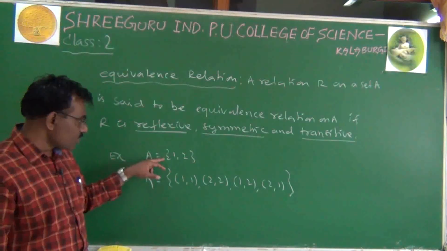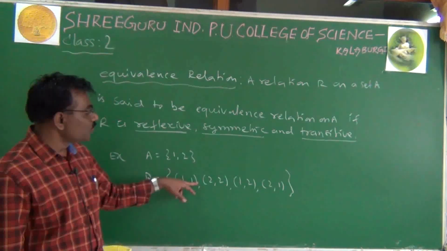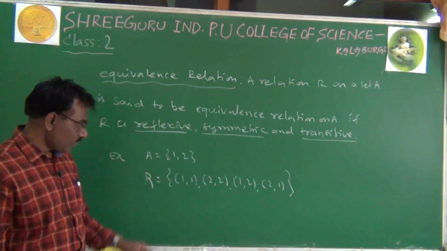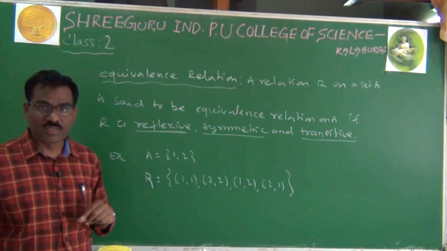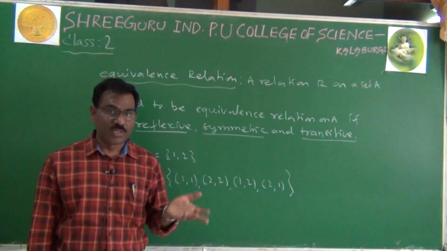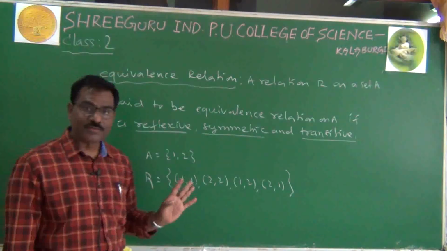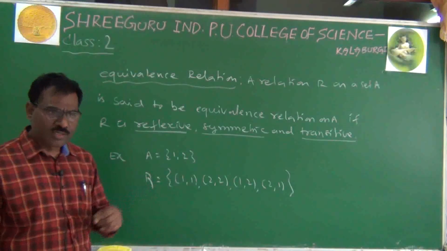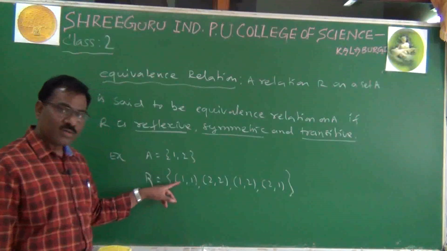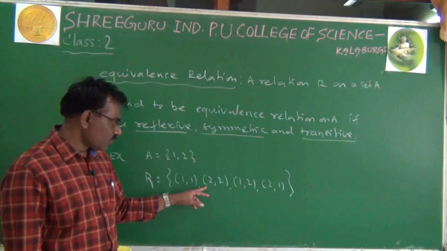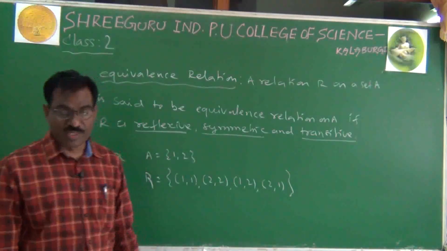Now it is reflexive, because yesterday I explained the definition of reflexive. Every element of set A is related to itself: (1, 1) is there, (2, 2) is there. Next, symmetric. Symmetric means what? (a, b), (b, a). So (1, 1) reverse is (1, 1), (2, 2) is (2, 2), (1, 2) is (2, 1), (2, 1) is (1, 2). Now it is symmetric.